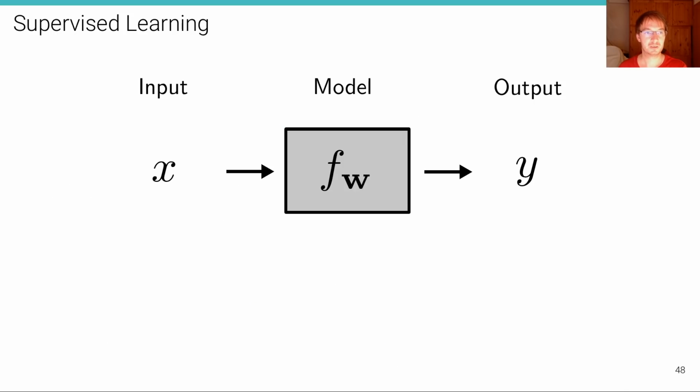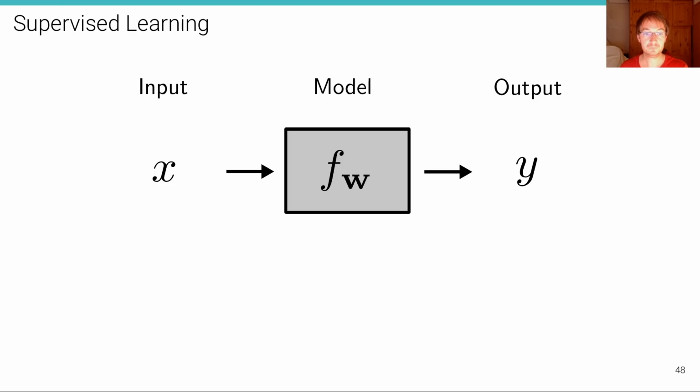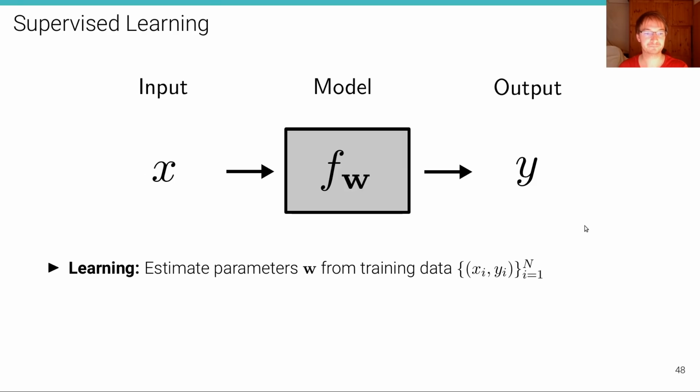So here's a more visual overview of these different classification, regression, and structured output learning problems. This is a very general image of a machine learning model f that has some parameters w, and that takes an input x and predicts an output y.